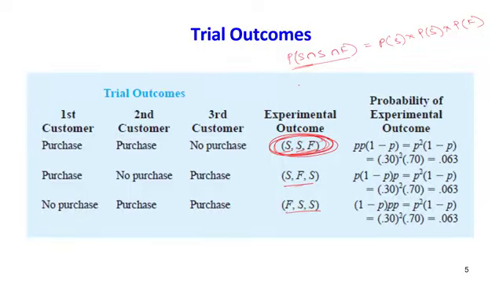I want to find out the probability that the first person makes a purchase and the second person makes a purchase and the third person does not. I'm talking about 'and'. All these events have to occur together. So I will use the law of multiplication because all these events are independent, not conditioned on previous events. Now this would be my joint probability.